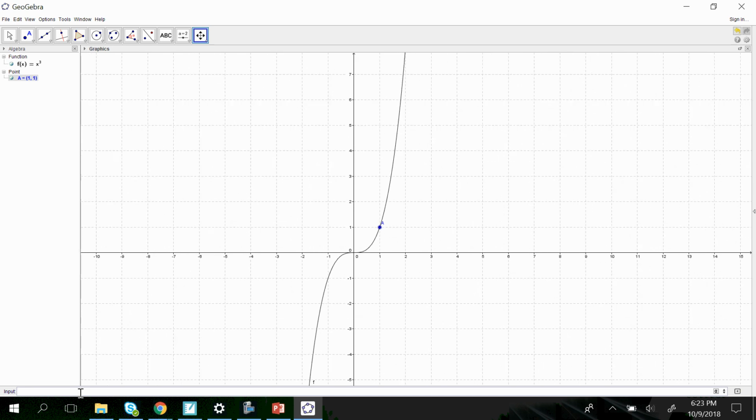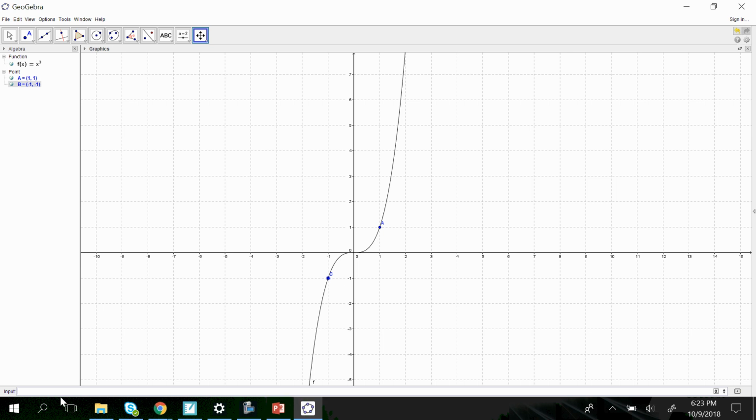And I also put in -1, comma -1. Notice that those two points are each on the function, and that it is across the origin that you have a mirror image. Another way of seeing this is that if you rotated this picture upside down 180 degrees, it would look exactly the same. So that's what origin symmetry means. Changing the sign of both x and y results in a point across the origin still on the function.